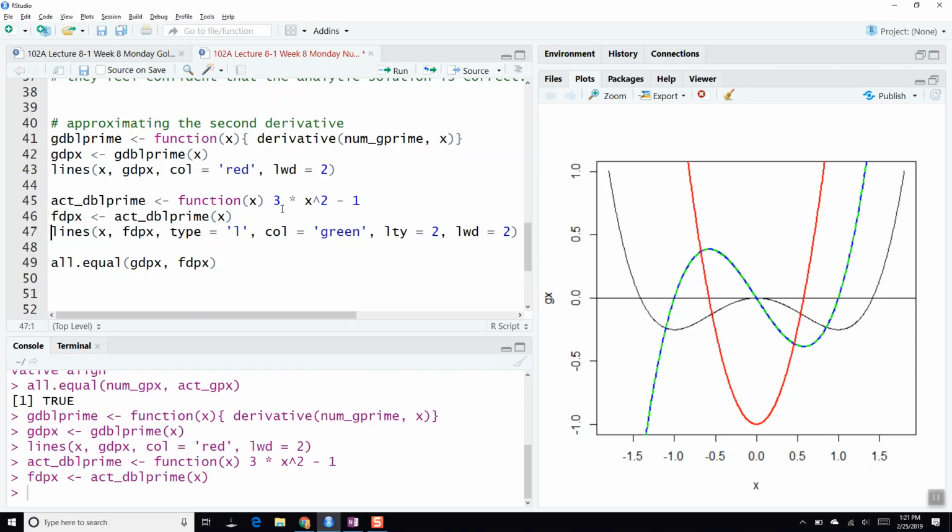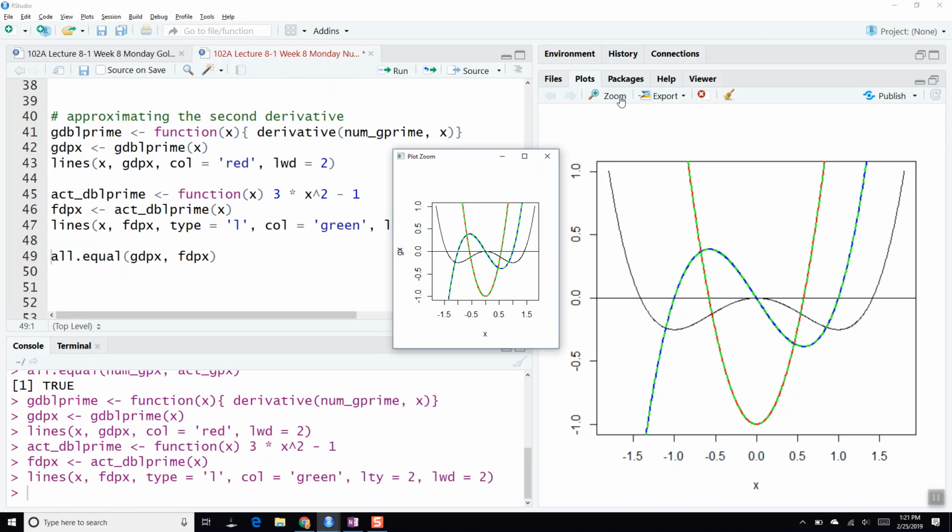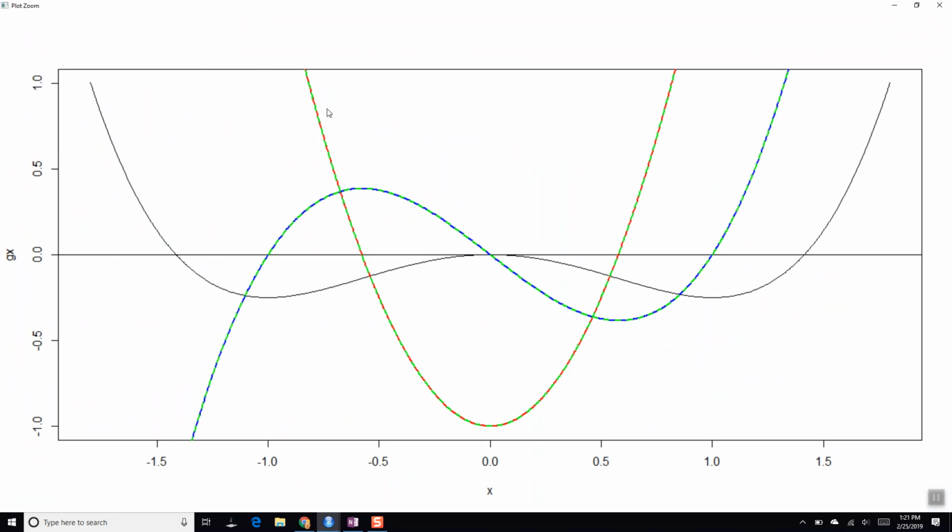We'll calculate the actual derivative across all of our values, and then I'm going to graph it in a green dotted line over the red line. When we do this, we can see that they line up very, very closely. At least visually, as far as I can tell, they're identical.